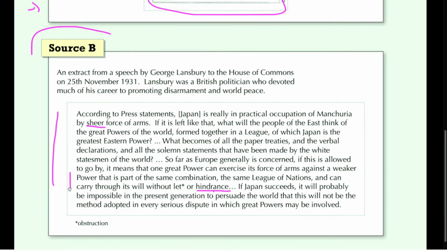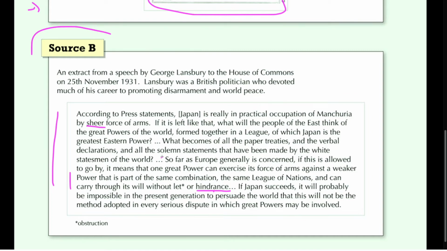So I'm gonna begin on so far as Europe. So far as Europe generally is concerned, if this is allowed to go by, it means that one great power can exercise its force of arms against a weaker power that is part of the same combination, the same League of Nations, and can carry through its will without let or hindrance.